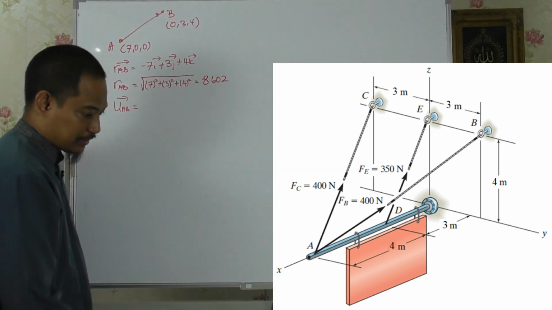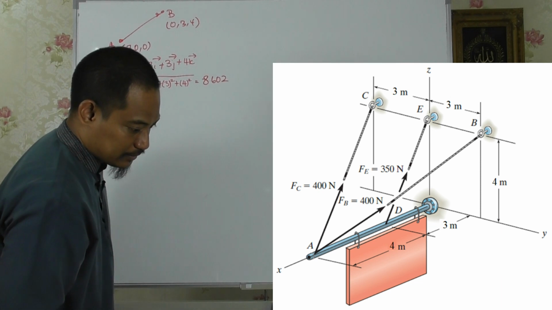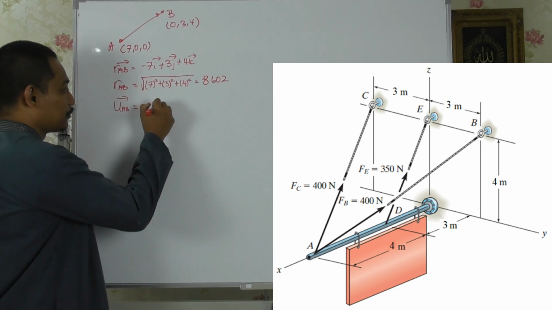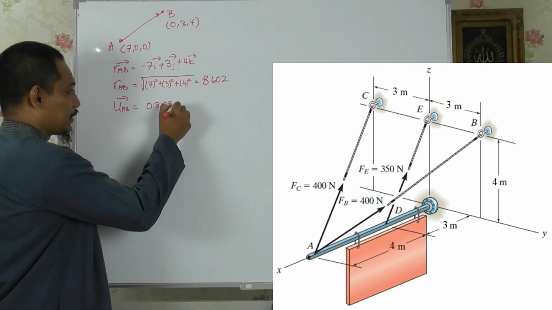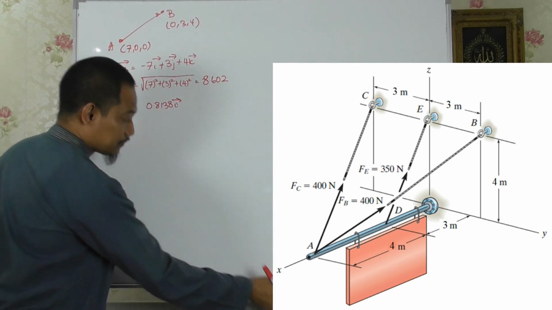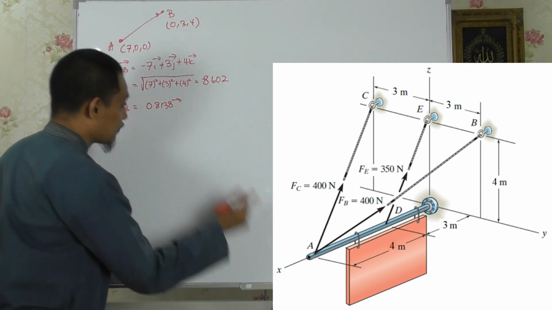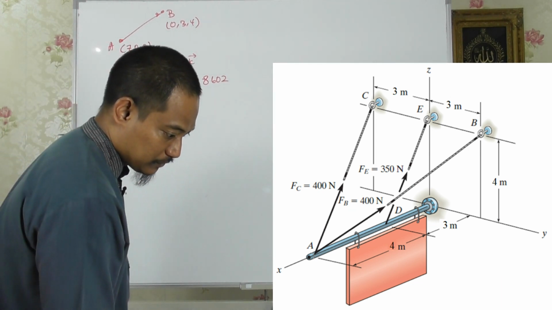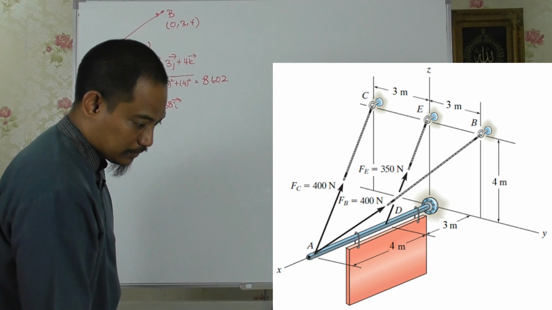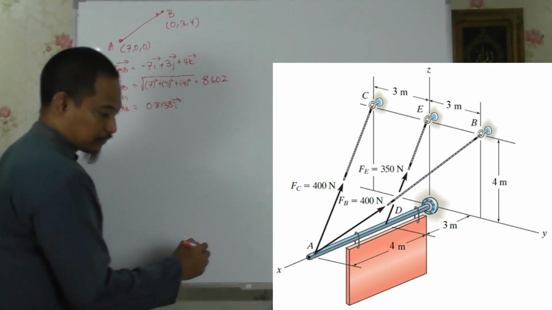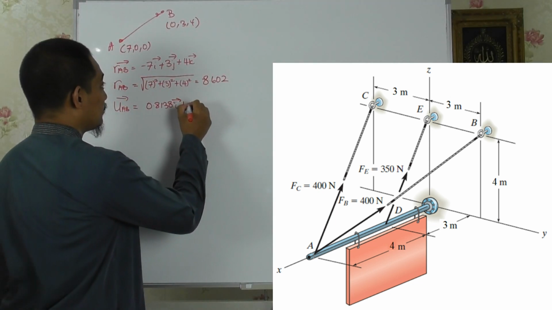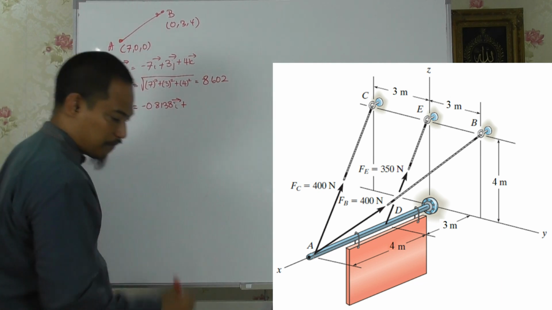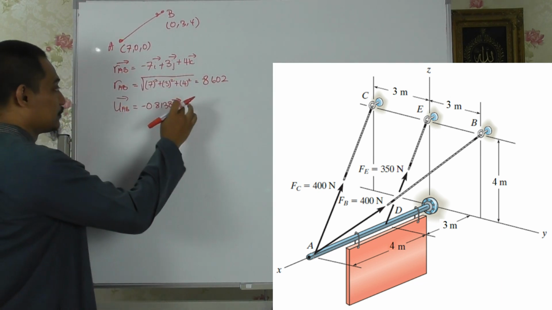So UAB we will get minus 0.8138 I plus 0.3488 J plus 0.465 K, right? The negative here, so this will be positive.